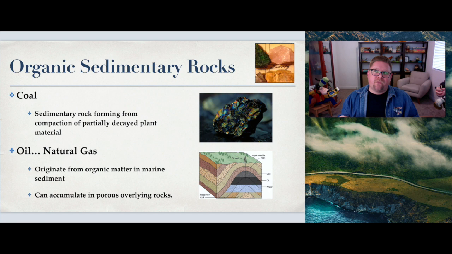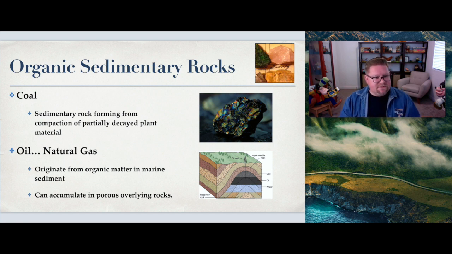When we think of fracking, they're drilling down and fracturing the rock, exploding it, and by exploding that sedimentary rock, it releases those gas or oil pockets in which the organic oil or natural gas has accumulated, and then they can pull it out from there.